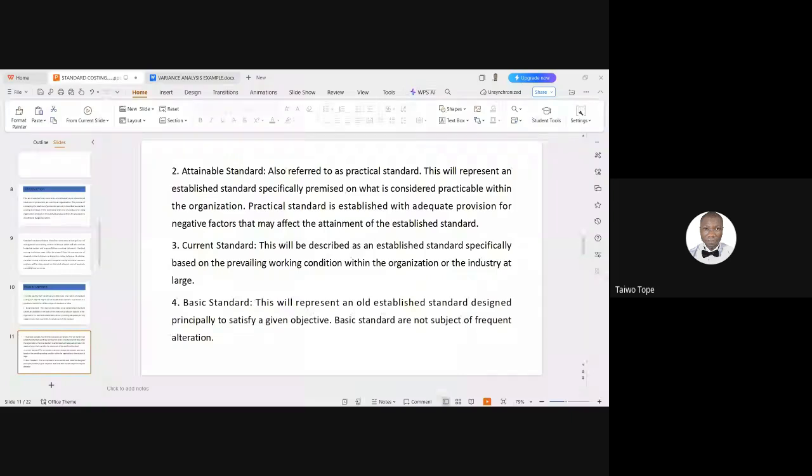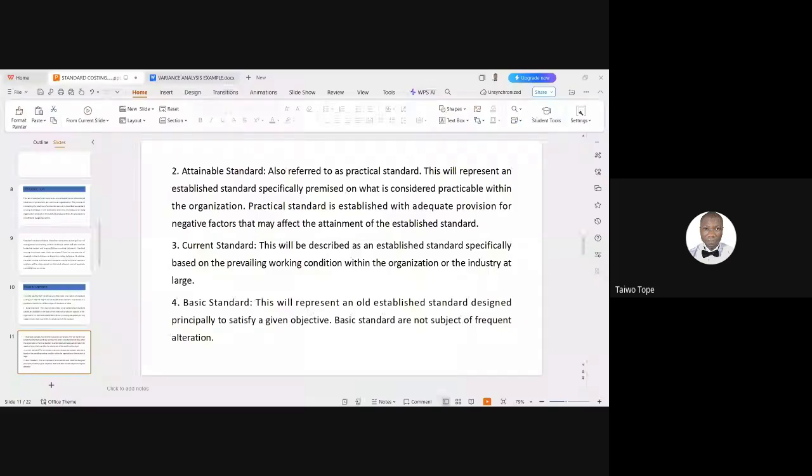It recognizes that we are not perfect. It recognizes that there should be room, at least a little room, for excuses, because it is a standard that looks at the practicality of things in an organization.